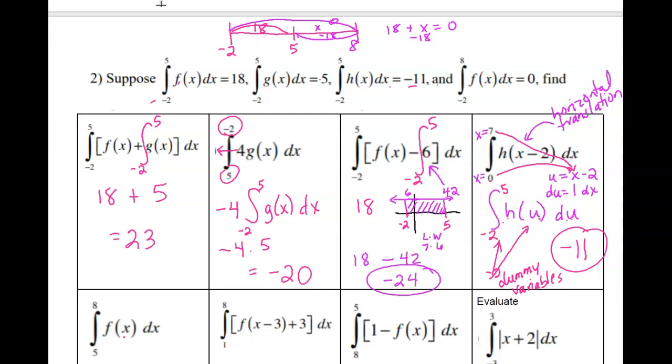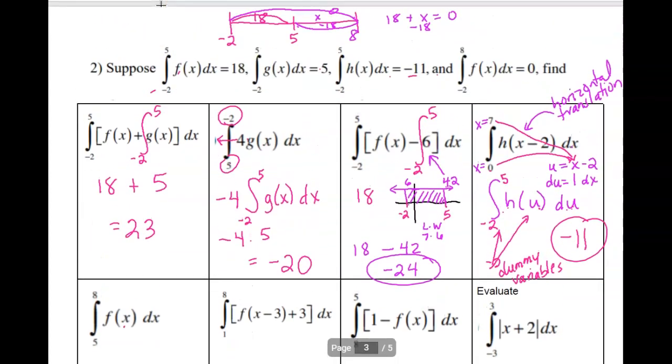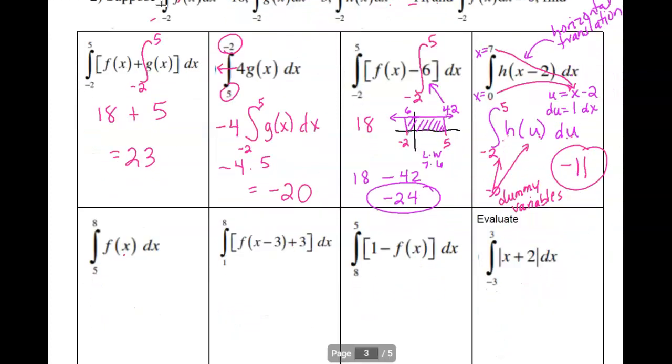Okay, so that's kind of like that transitive property, but in a different order. So what I know is that the integral from 5 to 8 of f of x had to be negative 18, using that idea. Okay. All right, the next one kind of combines a few ideas.